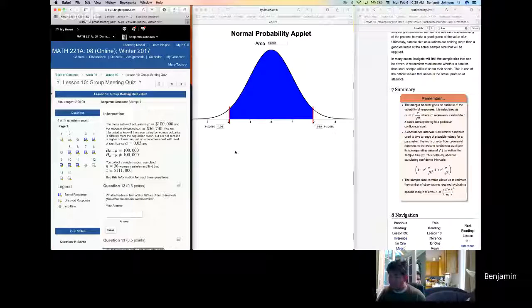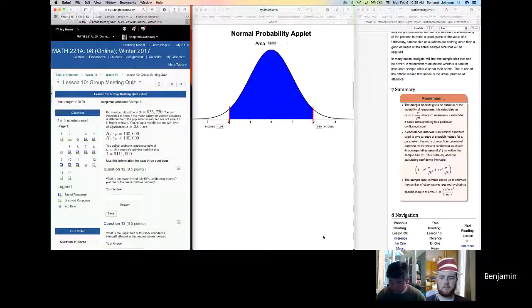So I got an M of 11,998.46. Do we want to round it? Oh, to the nearest whole number. So that's my M score.